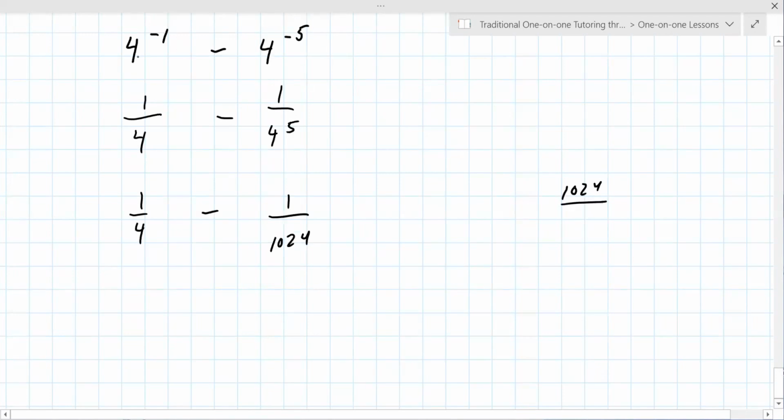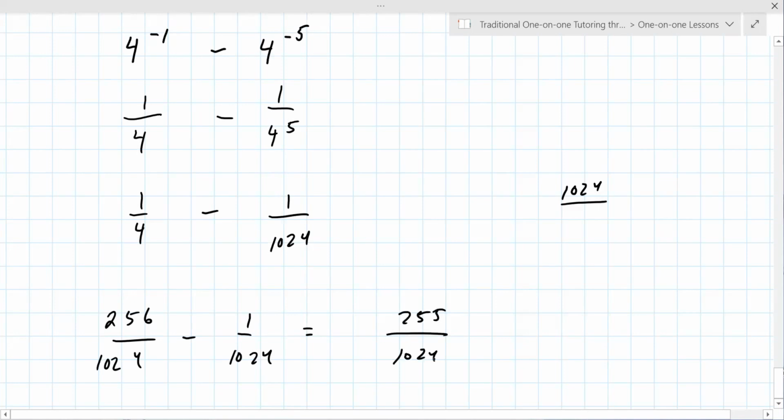We'll talk about that in a moment. So the answer here is 256 minus 1. So you get 255 over 1024. Is that the answer you got? No.